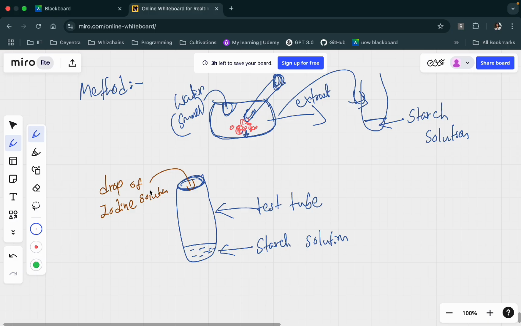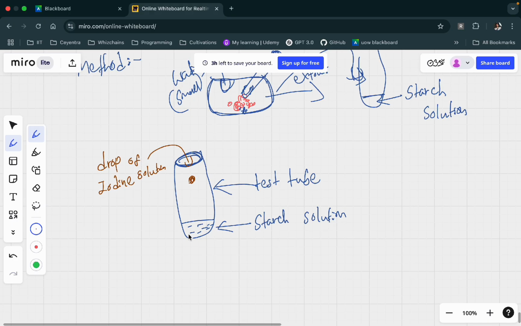Iodine කියන රසායනික ද්‍රාවණයෙන් එක බිඳුවක් දානවා. එක drop එකක්. Okay? Usually iodine is brown in color, like yellowish brown. නිකන් කහ දුඹුරු පාටක් වගේ තමයි iodine වලට තියෙන සාමාන්‍යයෙන්. Then you need to add it.